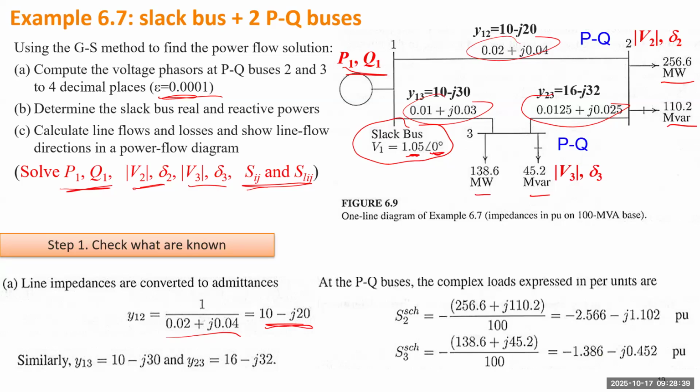Next, since we know P and Q for each PQ bus, we need to translate those values into per unit. We have 100 MVA as the power base, so we divide each number by 100.